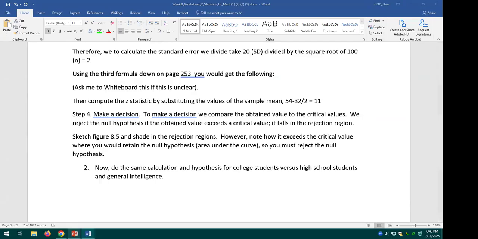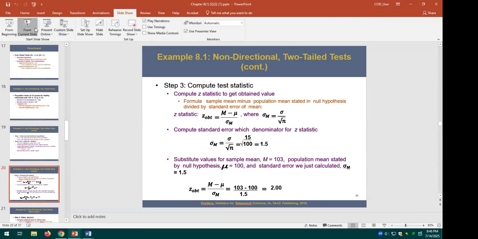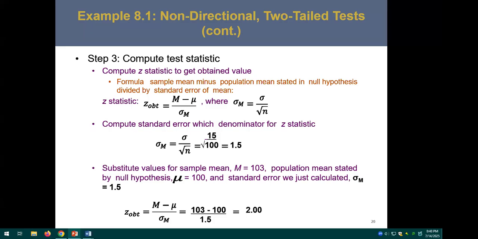I'm referencing this formula right here. That's where that's coming from, which I can put up here for you guys. Standard error, standard deviation, or sigma, same difference, divided by the square root of n of the sample. This is plugged in here.